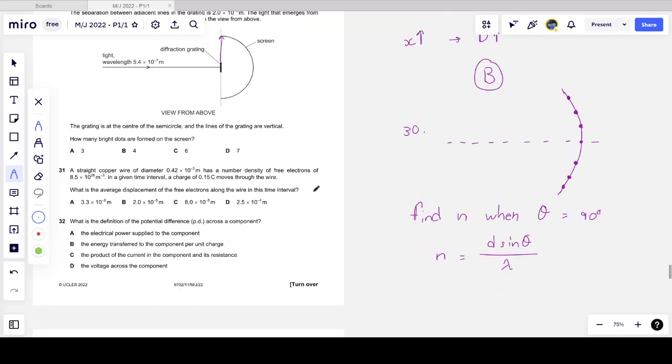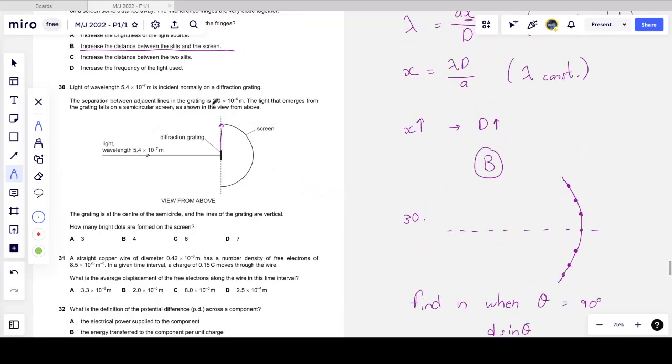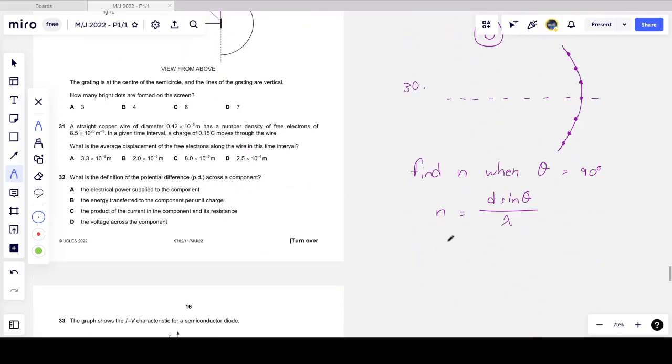And we are given d. D is the distance between adjacent slits, the distance between adjacent lines in the grating. And so sine theta is simply 1 because theta is 90. Sine of 90 degrees is simply 1. So this is d over lambda, which is the distance between adjacent lines in the grating, 2 times 10 to the minus 6 meters, divided by the wavelength, 5.4 times 10 to the minus 7 meters.